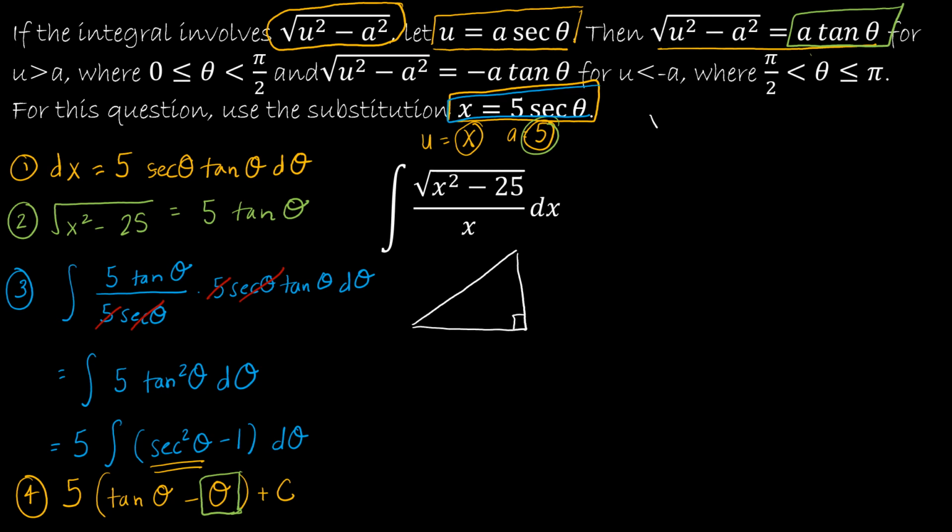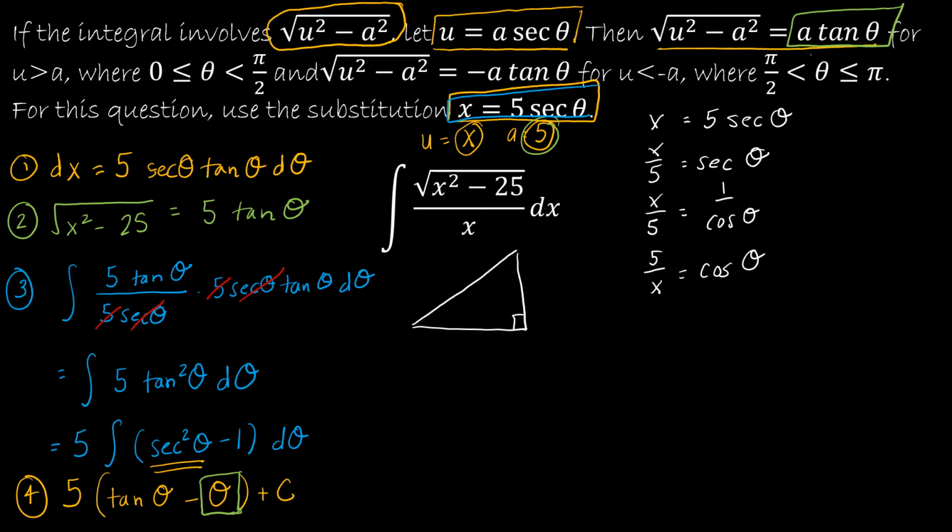Again, last time, this is how we did it. We said x is equal to 5 secant theta. So x over 5 is equal to secant theta. Well, what is secant? Secant is 1 over cosine. And therefore, if I do the reciprocal of each side, I get 5 over x is equal to cosine of theta.